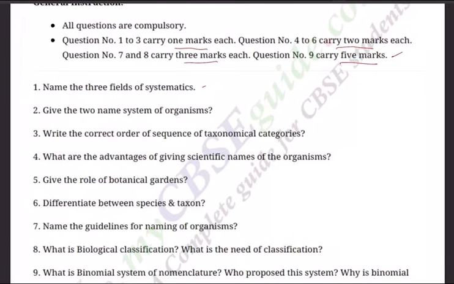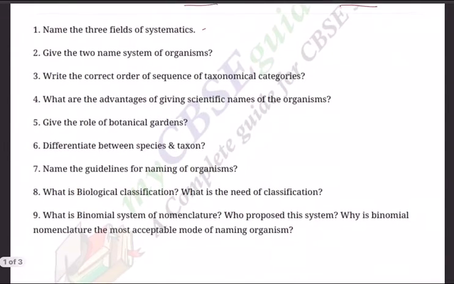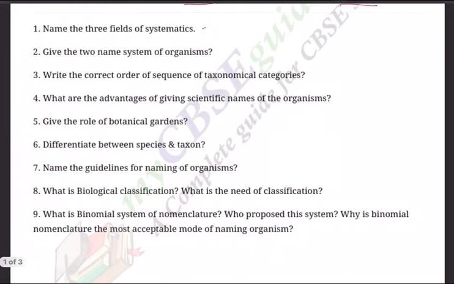Question number 4. What are the advantages of giving scientific names of organisms? Question 5. Give the role of botanical gardens. Question 6. Differentiate between species and taxon. Question 7. Name the guidelines for naming of organisms, that is, binomial nomenclature. Question 8. What is biological classification?